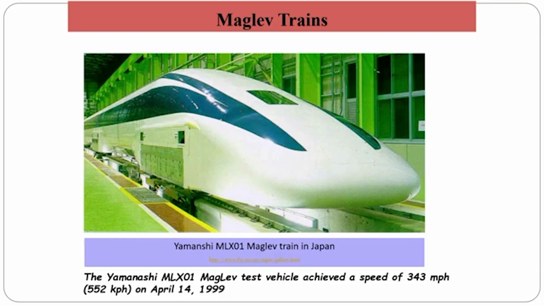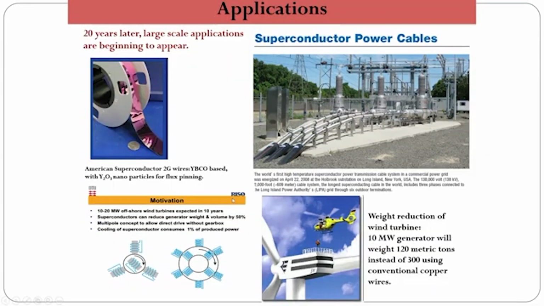These are maglev trains, for which a test vehicle achieved a speed of 343 miles per hour, which is 552 kilometers per hour, on April 14, 1999. The rails that you see below are superconducting rails, and this whole thing actually floats. It does not have any wheels, and that is due to the Meissner effect.